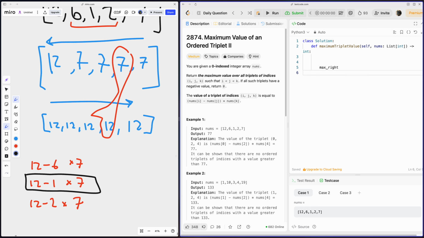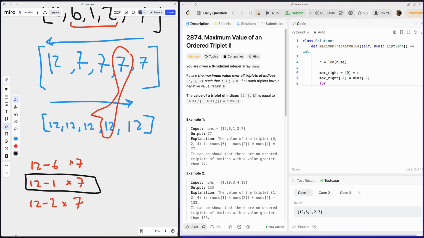Okay, so to start off, we just have max right be an array of size n, where n is the length of nums. I guess max right at n minus 1, the very last element, should just be the very last element of nums.